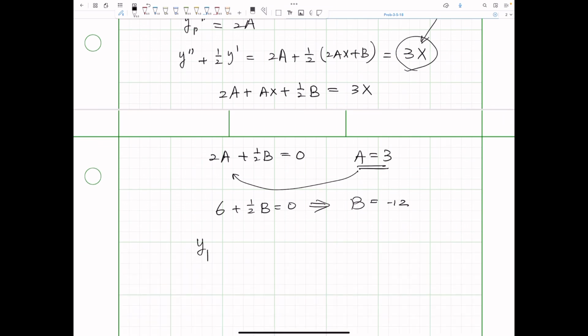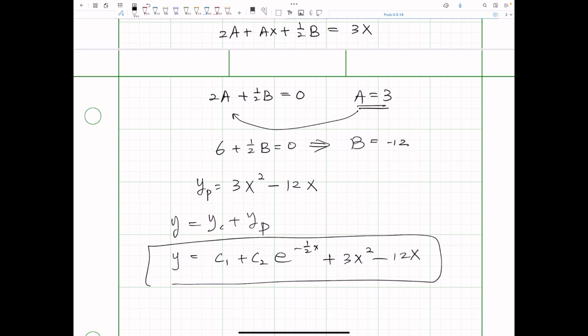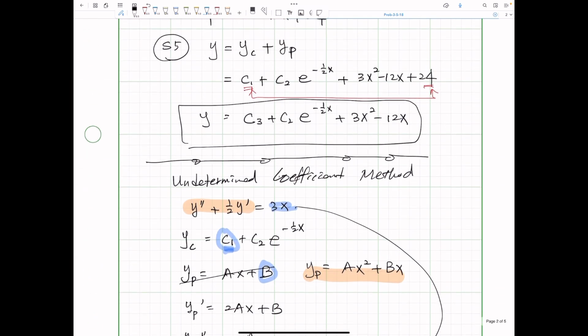Therefore, yp equals 3x squared minus 12x. Okay? And then we have y equals yc plus yp, y equals c1 plus c2 e to the negative 1 over 2x, and then yp, 3x squared minus 12x. So this is the same as here.